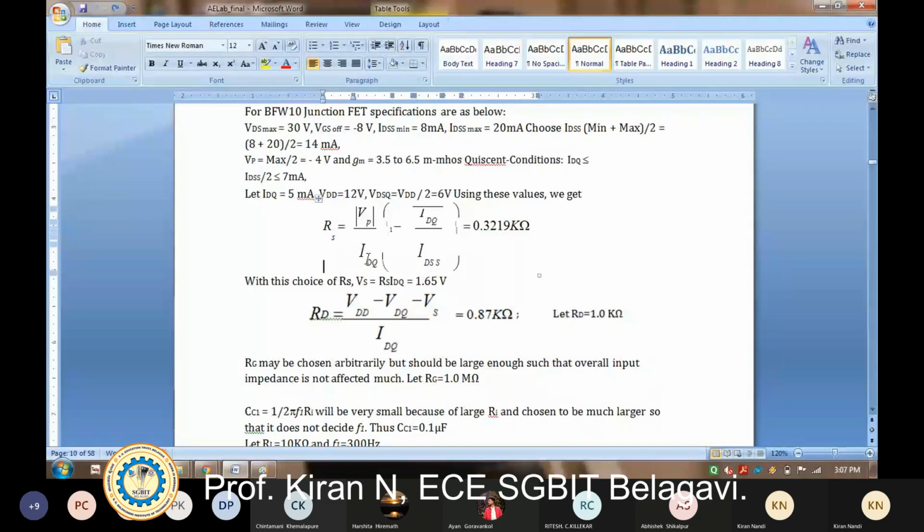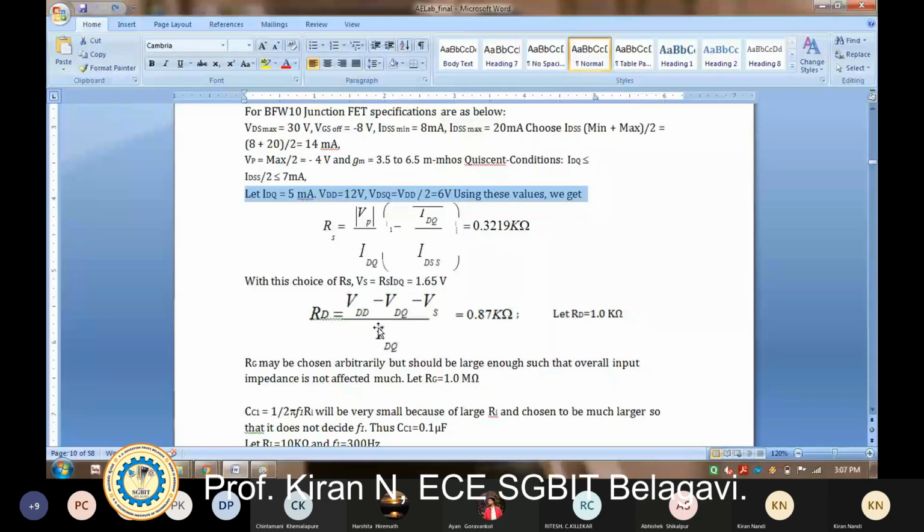With this choice of RS, we are obtaining the VS value again. VS is equal to RS into IDQ. All these values are given here. Let IDQ be assumed, you can check here. All these values you have to substitute and calculate.